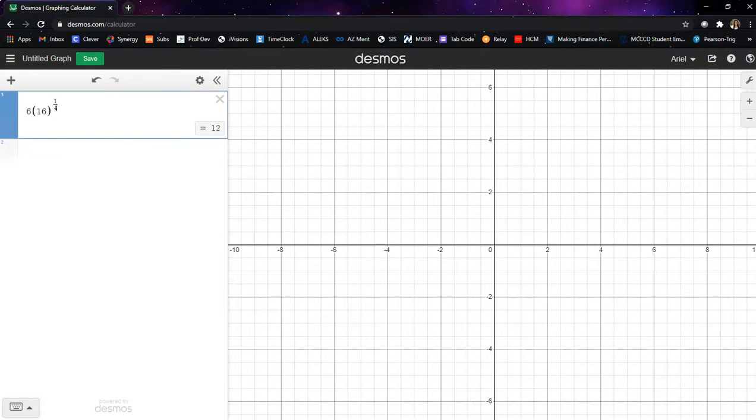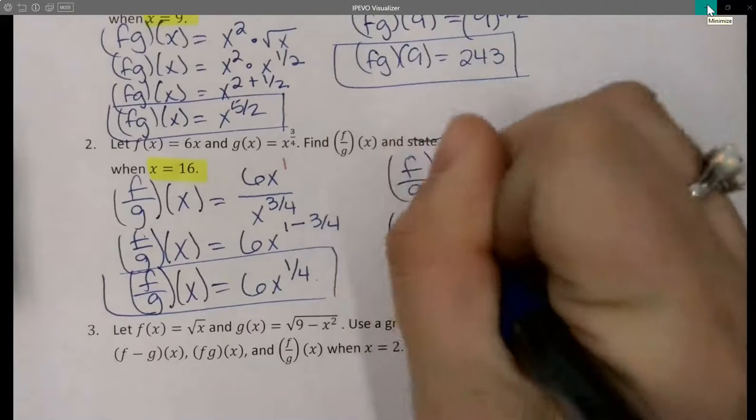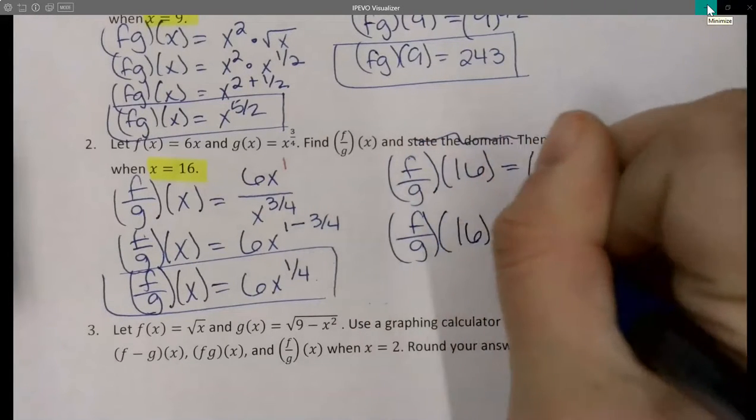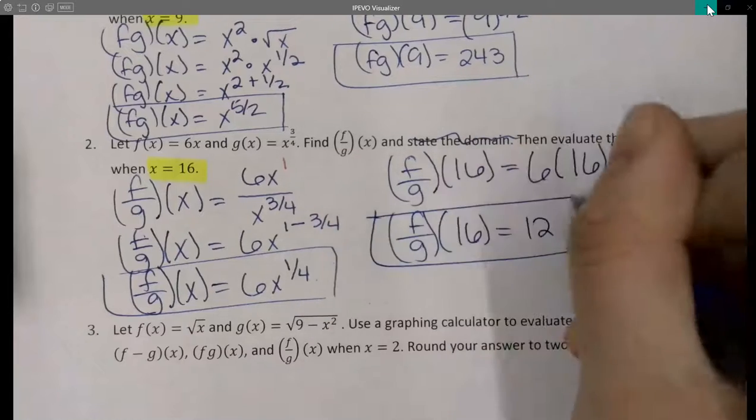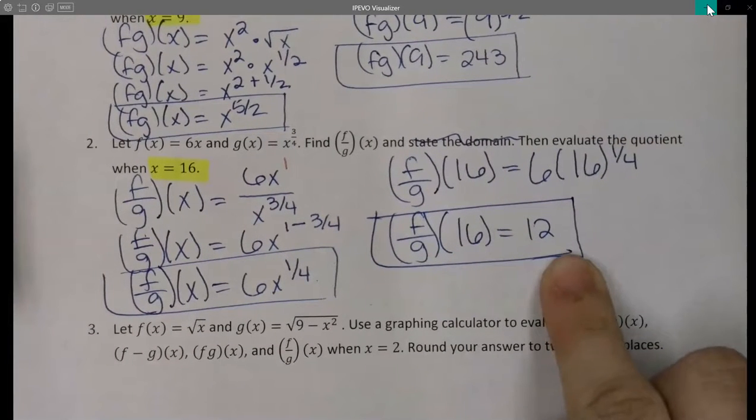Which gives me 12. So this is telling me when I plug in 16, I get out 12. Questions here?